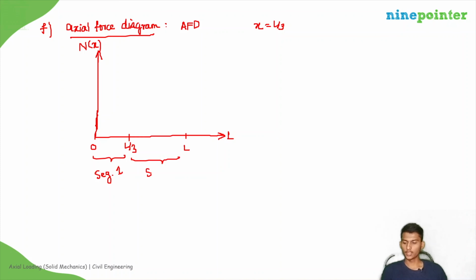L by 3 to L is segment 2. So we already solved that N1, which is internal axial force in segment 1, is 3P by 2 and N2 is P by 2. So this is 3P by 2 to L by 3.